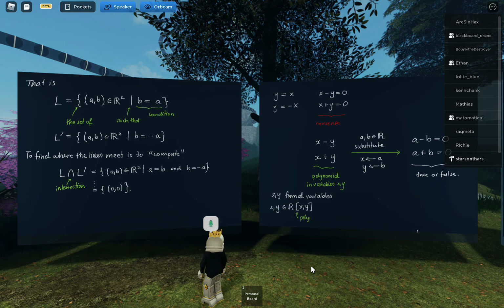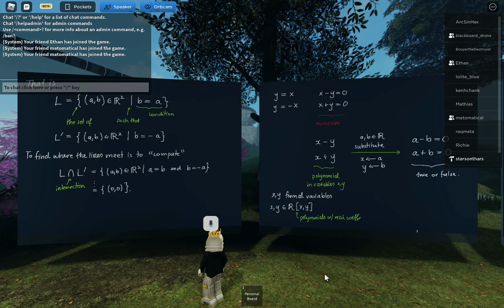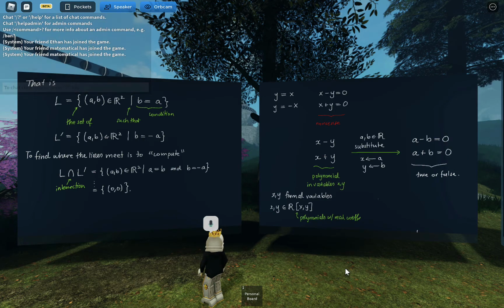This is the set of all polynomials with real coefficients. Given those two polynomials, for any a and b, we can make the substitutions and get statements that are either true or false. It's never true that x minus y is equal to 0, interpreting x minus y as a polynomial, which is why we've switched away from this and disaggregated it into this entire story here.